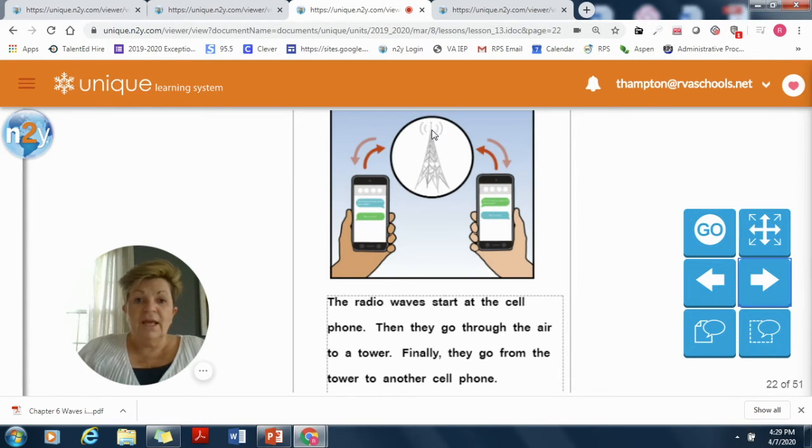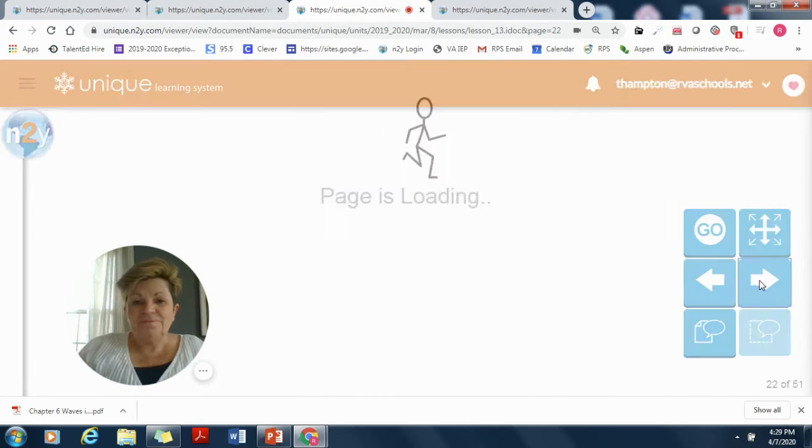And it goes from that cell phone to maybe even across a couple of cell phones before it reaches the person you've contacted. So if I'm contacting, I don't know, my brother that lives all the way out in Nebraska, that is more than one cell phone. That is many cell phones. But it happens very quickly, doesn't it? That is how quickly waves travel and send our messages. Pretty cool.